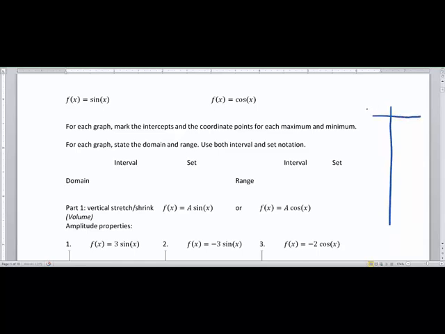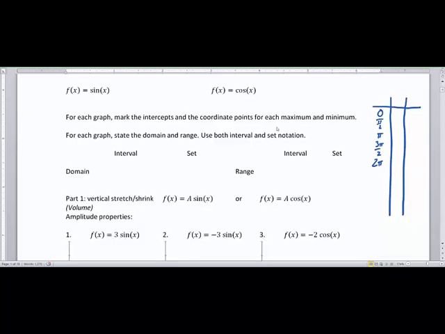We have 0, pi over 2, pi, 3 pi over 2, and 2 pi. From here, let's go to our second period, which is 5 pi over 2, 6 pi over 2 would be 3 pi, 7 pi over 2, and then 8 pi over 2 would be 4 pi.